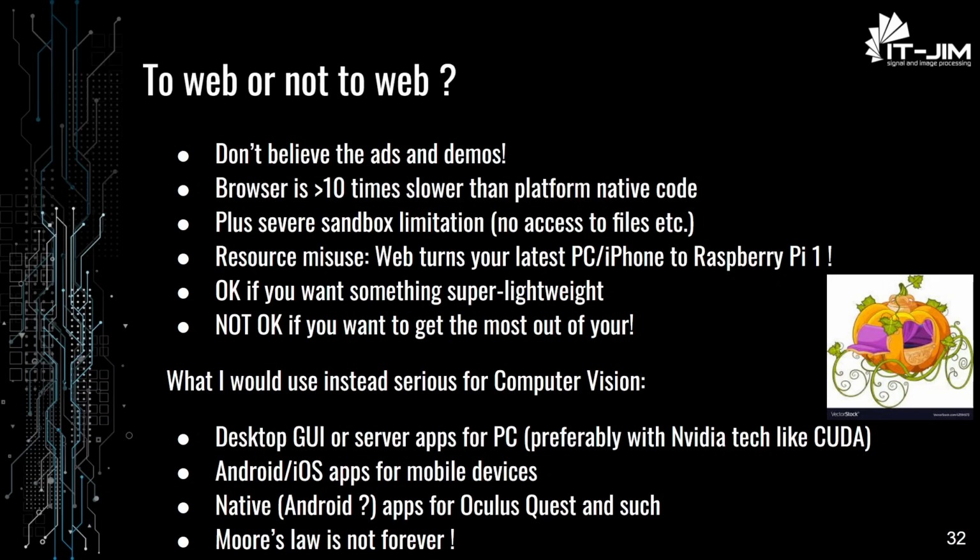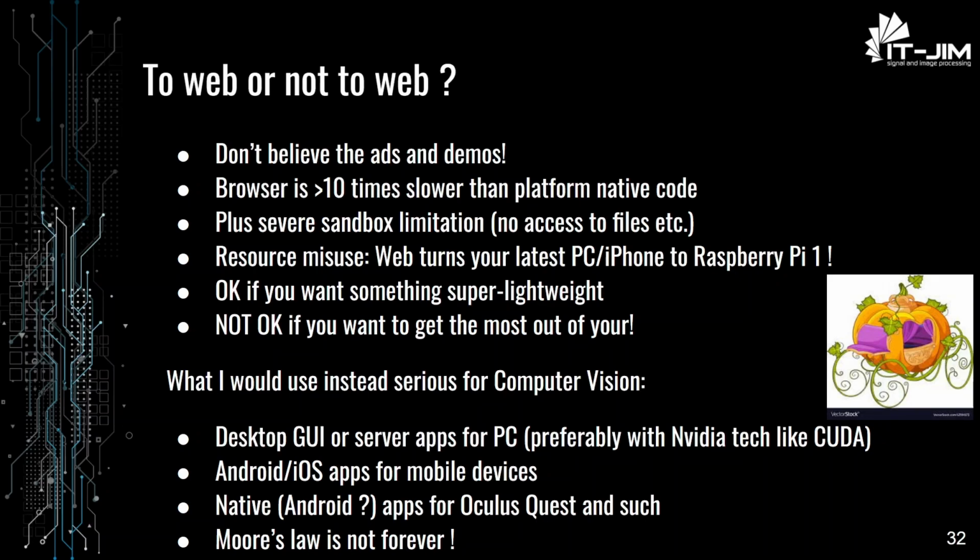It's okay if you have something really super lightweight, maybe for PPG or dog breed or something, but for more heavyweight computer vision, you need all resources of your computer. You need GPU, you need CUDA, all CPU cores, and so on. Then you must absolutely not try to use browser for anything heavy.